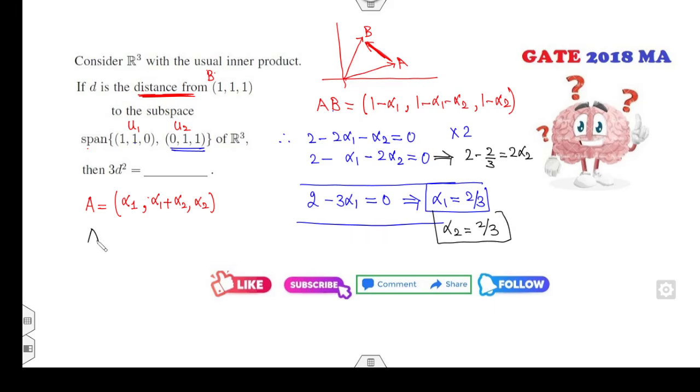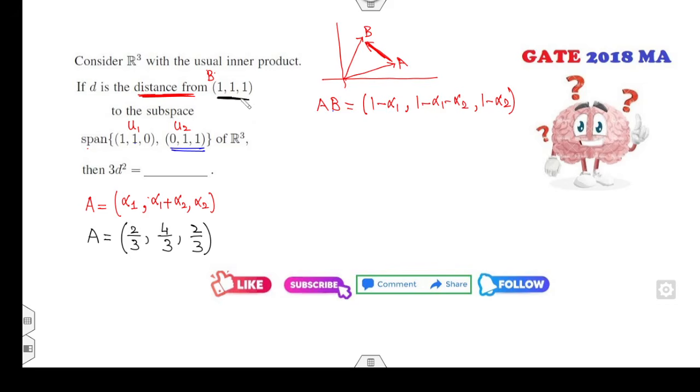So what are the coordinates of A? The coordinates of A are 2 by 3, 4 by 3, 2 over 3. So can you find the distance? Let's see what the distance is. The coordinate of B is 1, 1, 1. With the coordinate of A, that will be x2 minus x1 whole square, y2 minus y1 whole square, and z2 minus z1 whole square.